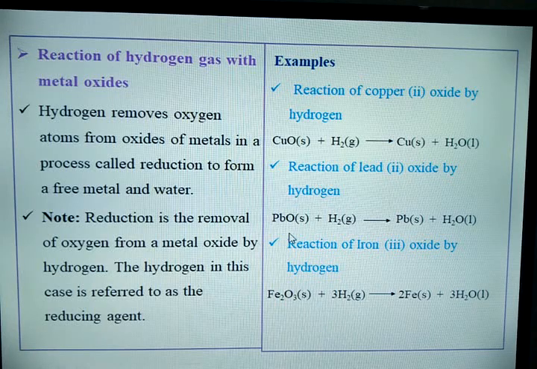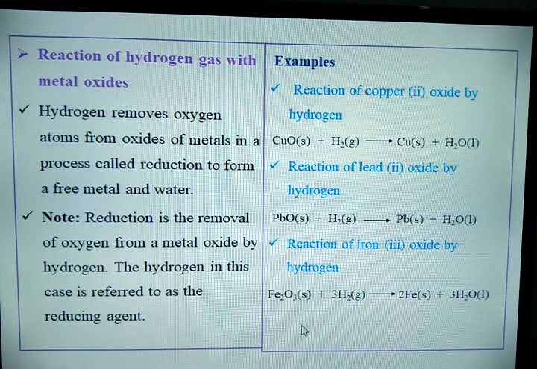So if I'm to write an observation for this one, and I also request you to write the observations, I'm going to say reddish brown solid turned to gray and a colorless condensate formed. Lastly, if I'm to write an observation for this, I'll also say reddish brown solid, because iron 3 oxide is brown. Reddish brown solid turned gray and colorless condensate formed.